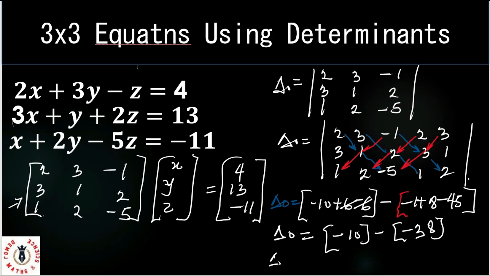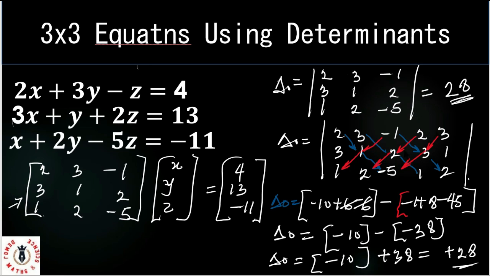So delta 0 is minus 10 plus 38, which is plus 28. So we can conveniently say that this determinant is 28.